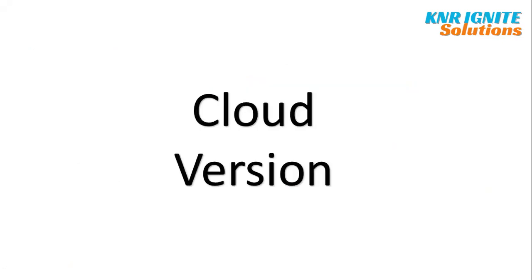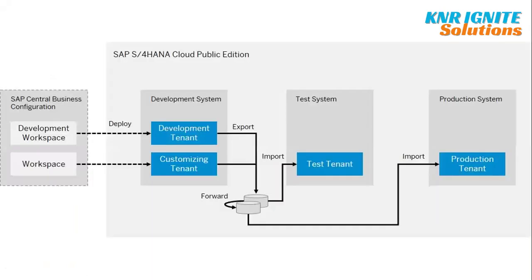Now let's understand a bit about how the architecture looks in your cloud versions. We spoke about this in on-premises versions majorly. Now, when you talk about cloud versions, this is how it looks. Here also in your development system, more or less, you will have the same thing, where you will have a development client and also a customizing client.